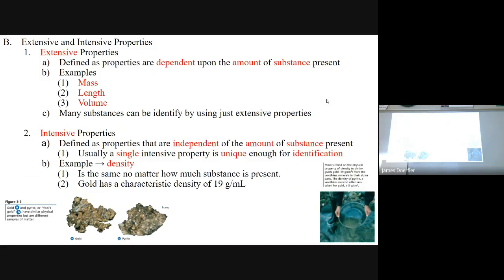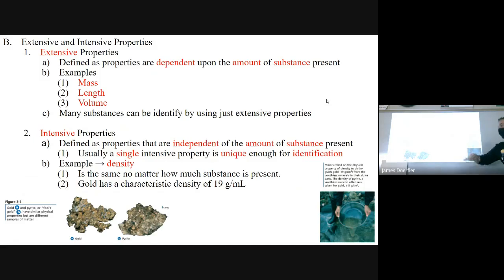A prime example of an intensive property being used to identify a substance is density. A lot of substances have their own unique density. Gold, for instance. No matter if we have a little pebble of gold or a large bar of gold, it will have the density of 19 grams per milliliter, no matter what.